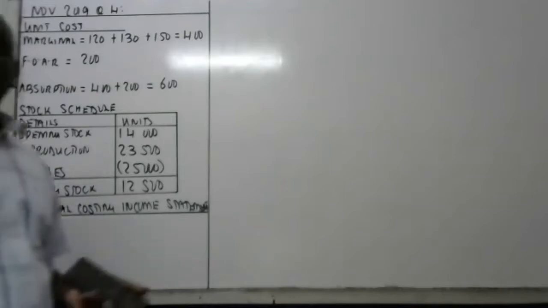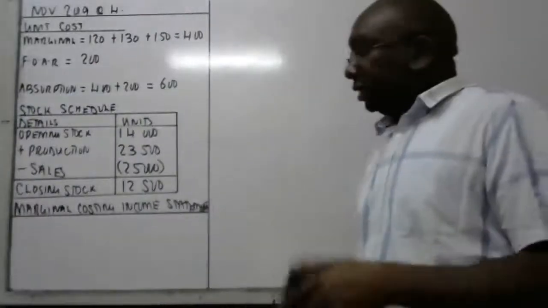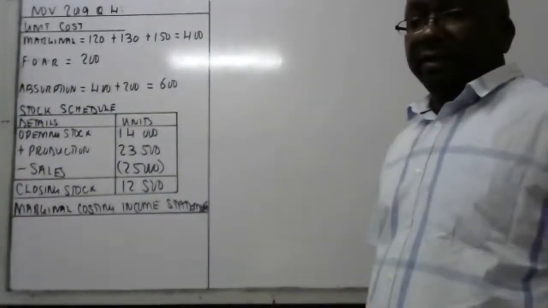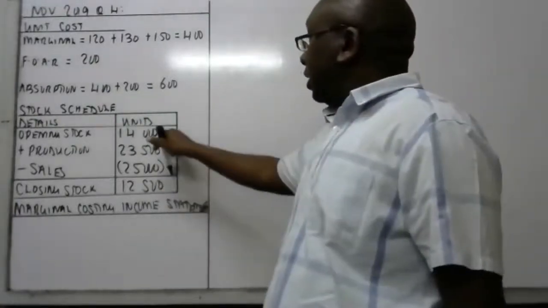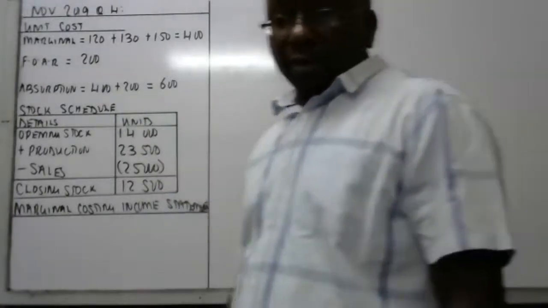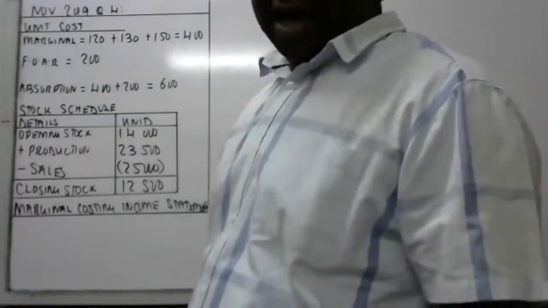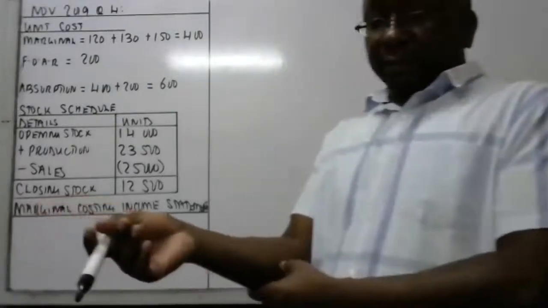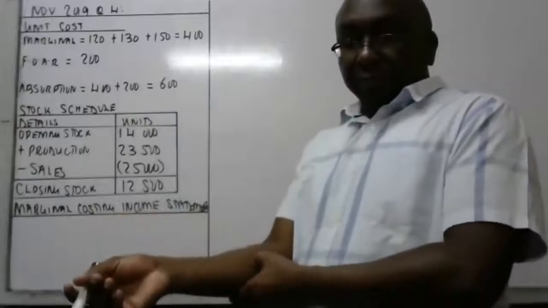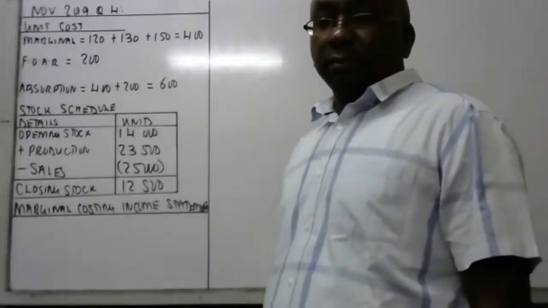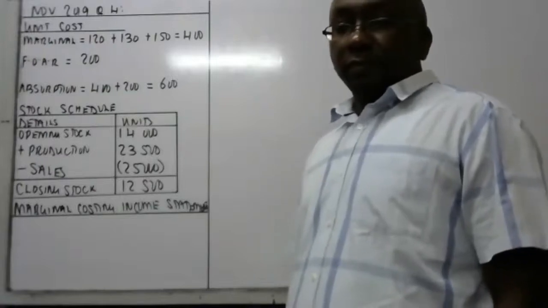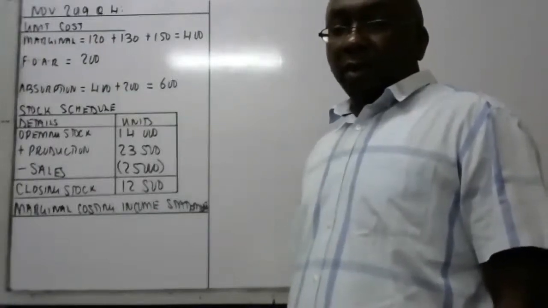That is how we are supposed to get 23,500. So Simon and Alfred, are we okay now with that? Okay, good.